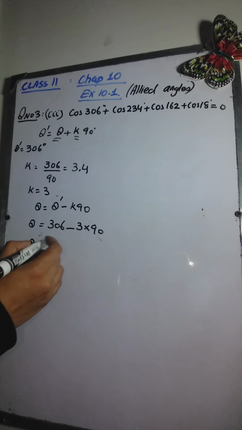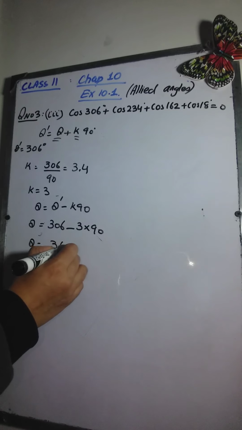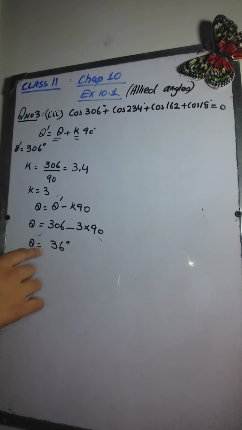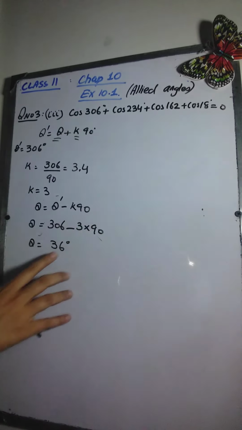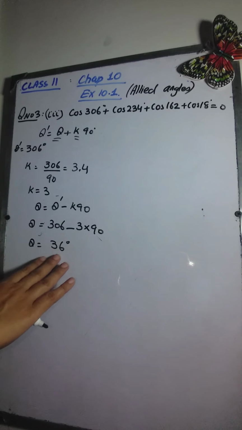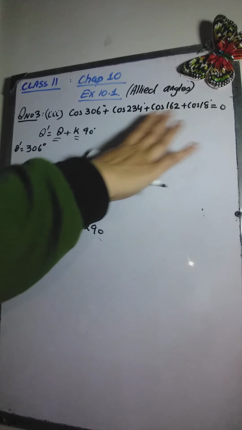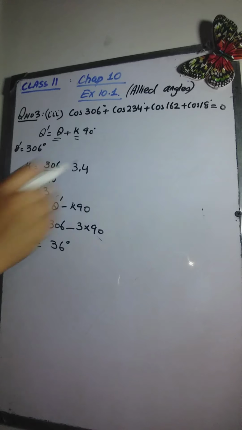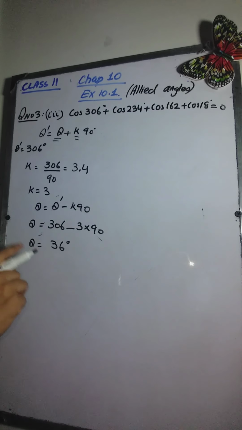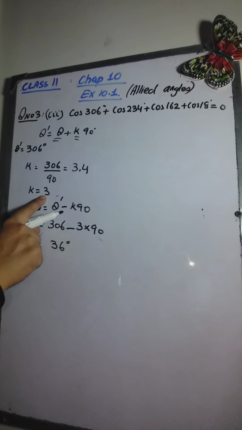Now subtracting these two, we will get theta equals to 36 degrees. Now we know that this is 18 and 36 is twice of 18. So we are getting some angles which are related to this angle 18. Now theta is equal to 36 and k is equal to 3.